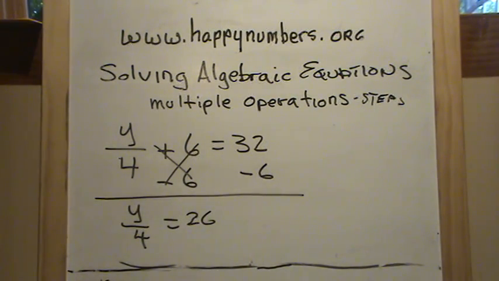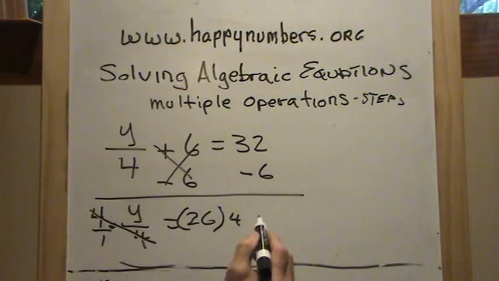Okay, now I have y divided by 4, and I need to get rid of this 4 so I can have y by itself. Since this is division, I can multiply by 4, or 4 over 1, same thing, and then I have to multiply the other side by 4.